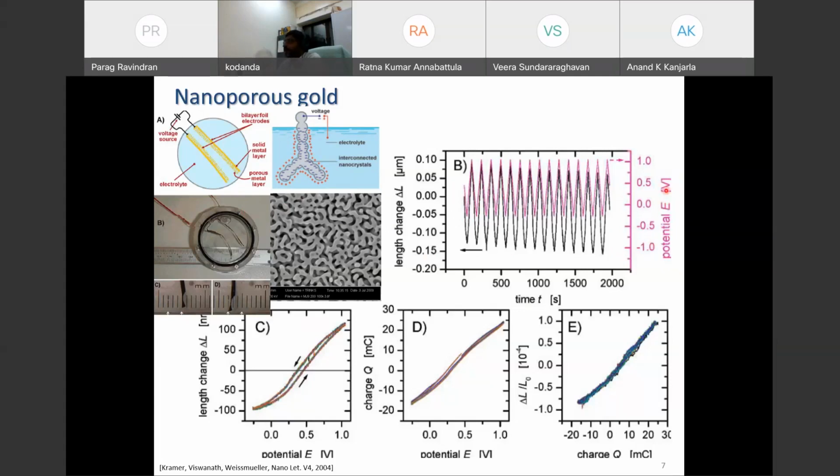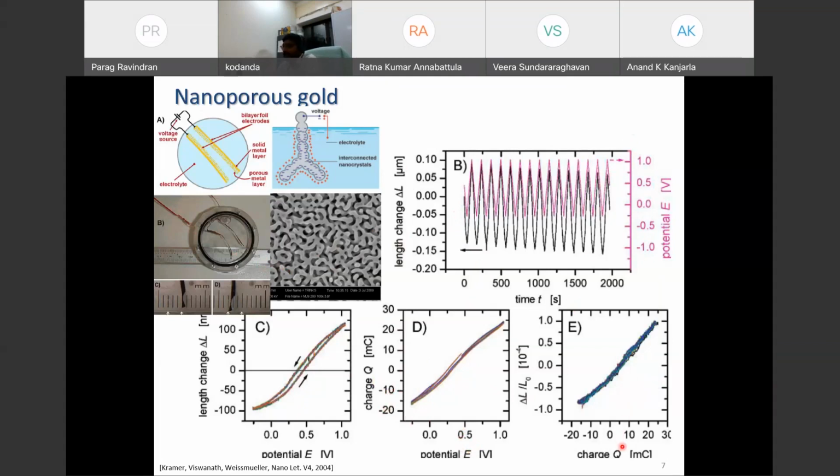So here you can see the potential is varied all between this range, minus 0.2 to almost 1. And then the black line indicates the change in length of these nanoporous structures. Then they calculated the charge that you could expect over the surface, and they saw that the potential and the charge are very linearly related.